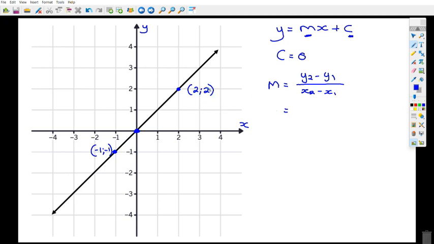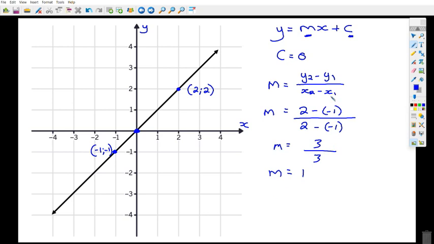I'm going to use 2 as the y value, minus the y value at the bottom, so that's minus negative 1, over the x value at the top, that's 2, minus negative 1 again. And that's my gradient. What is 2 plus 1? It's 3, and 3 over 3 is just 1.